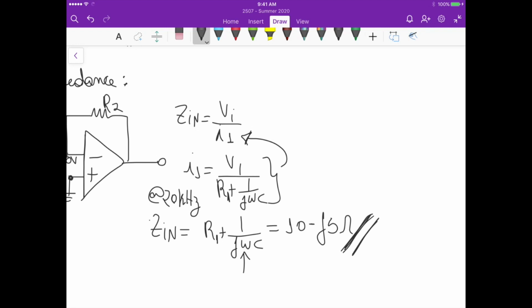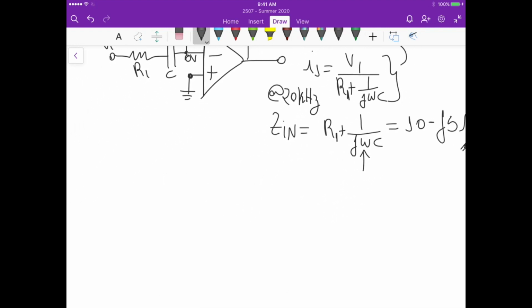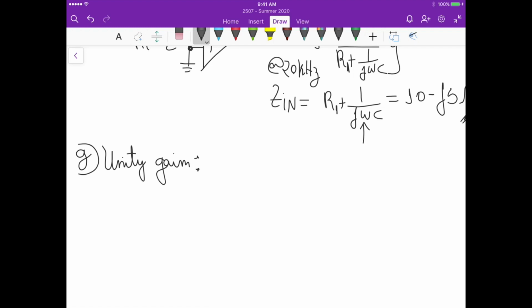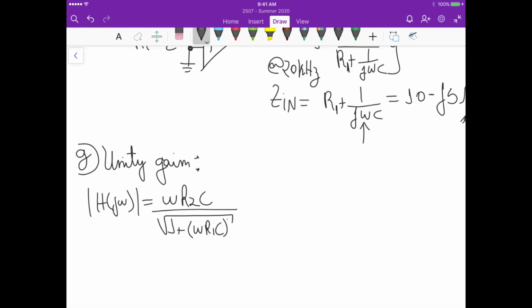Okay, and part G is the unity gain. So again we manipulate the magnitude. Remember that the magnitude of H of j omega is equal to omega R2C divided by the square root of 1 plus omega R1C squared.